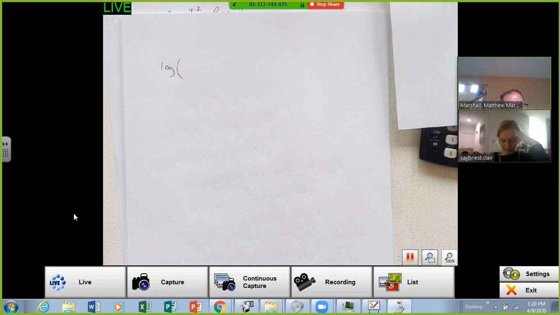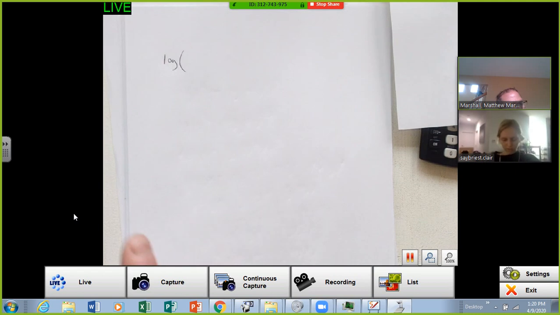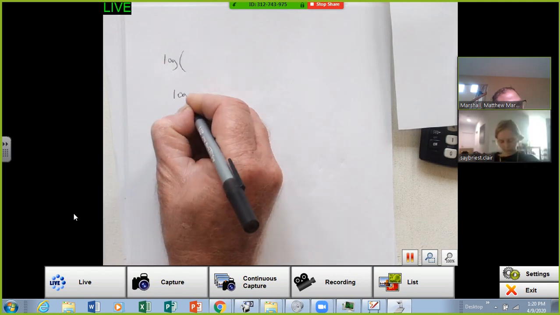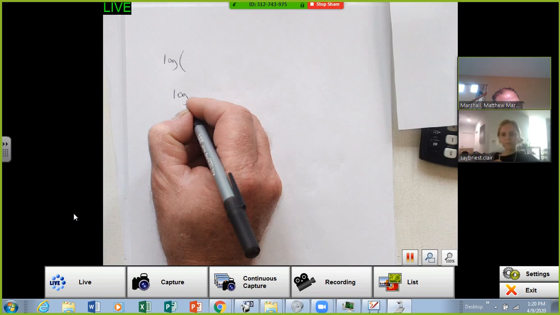So log. I'm going to use that division rule, which lets me break that into a subtraction problem. So I'm going to write that as log the top part minus log the separate bottom part.